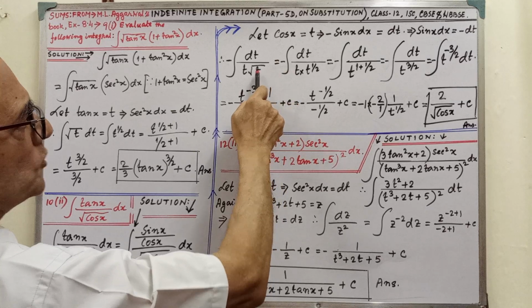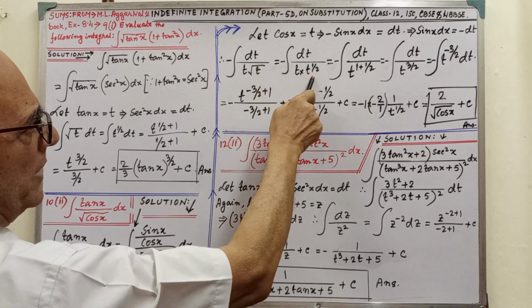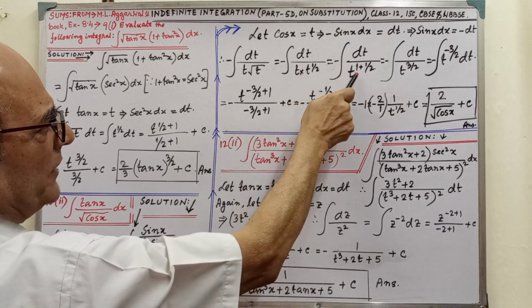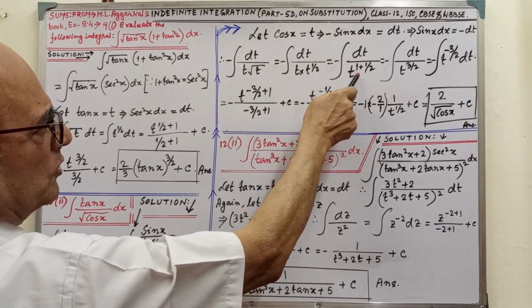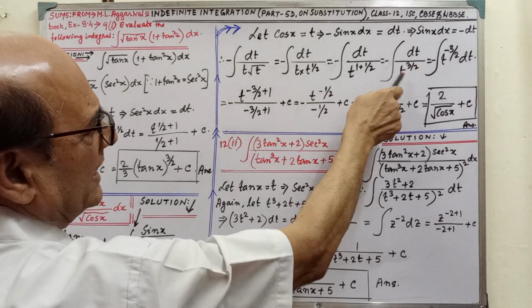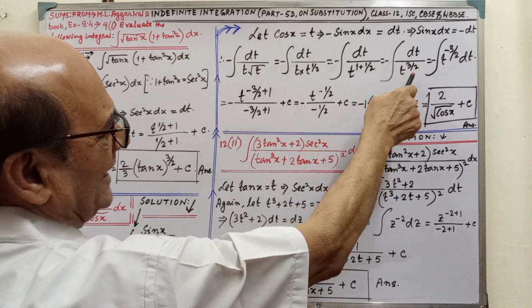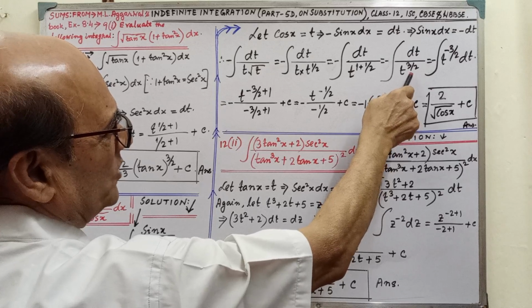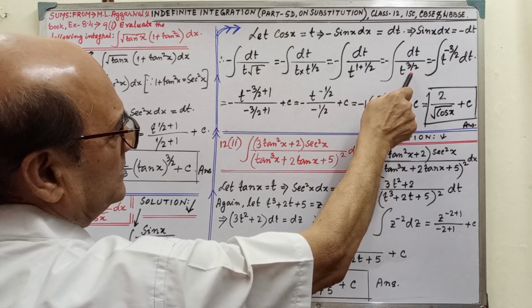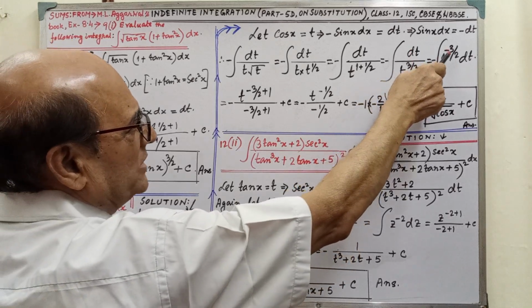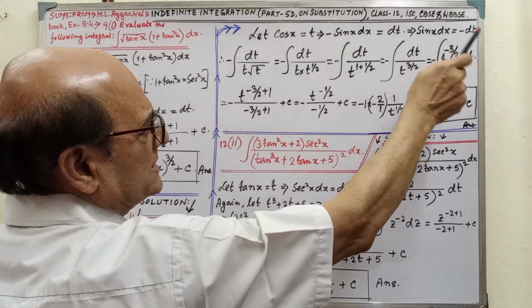Then root t is t to the power half, and by simplifying we are getting t to the power 1 plus half, and by adding we are getting t to the power 3 by 2, and this power we are taking from denominator to numerator, then the power will be minus, so it will be t to the power minus 3 by 2.